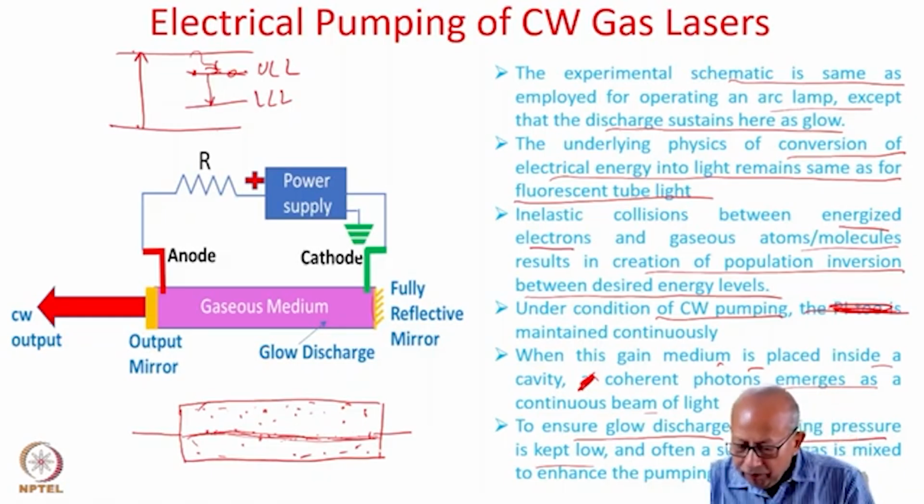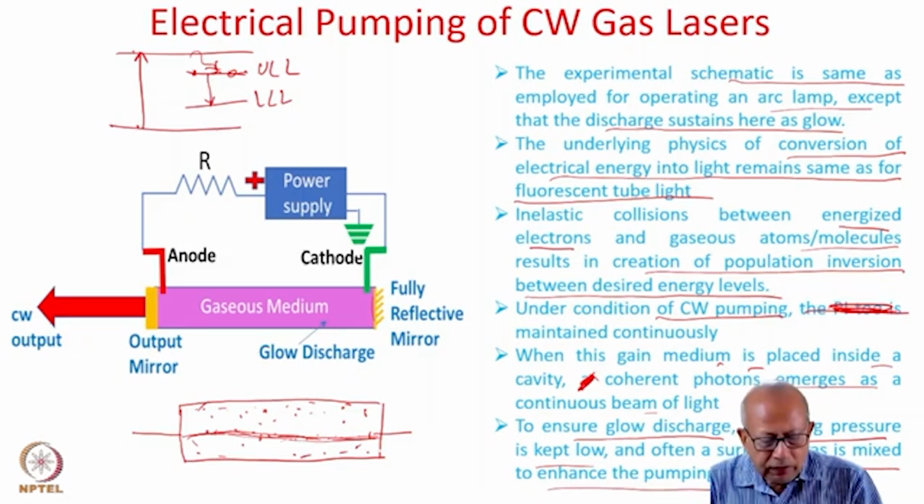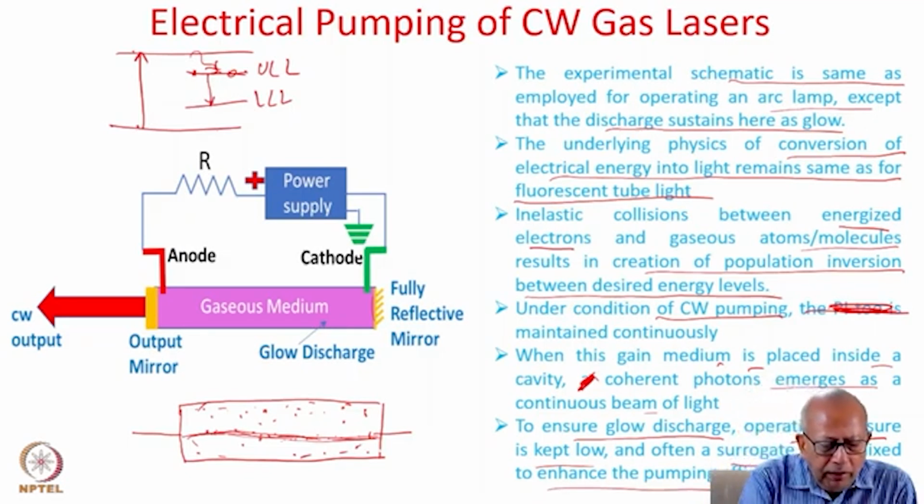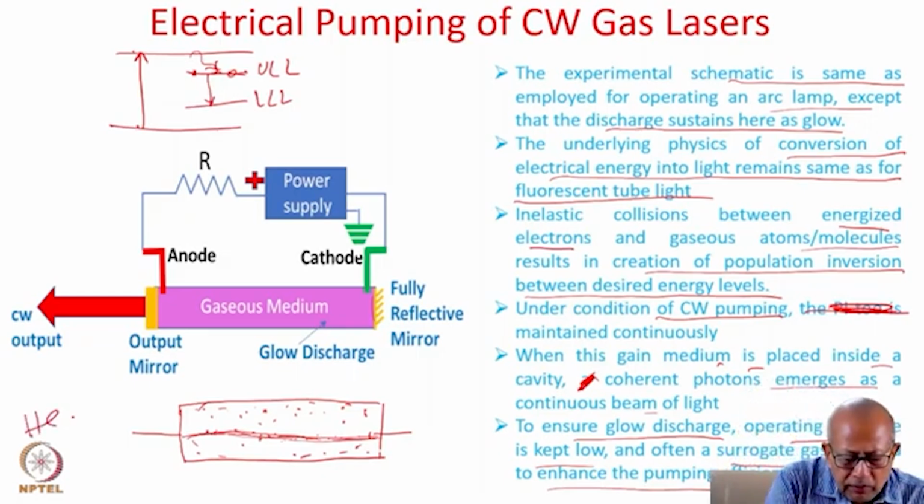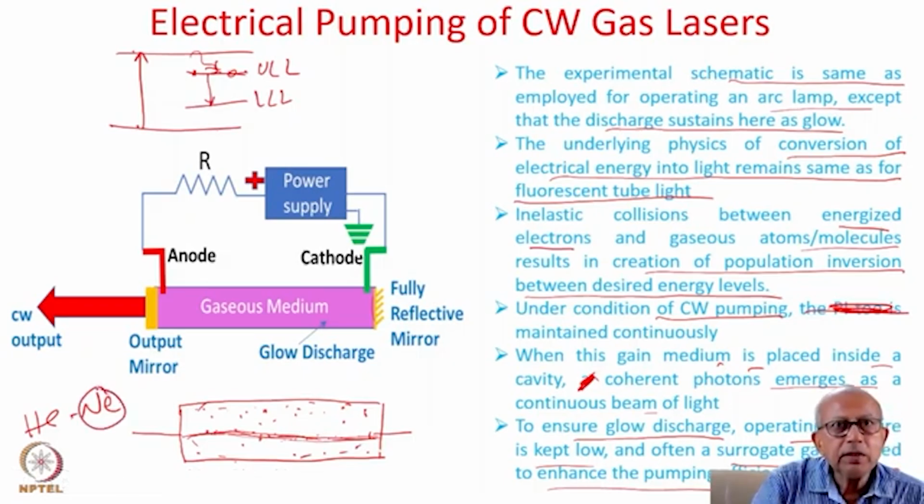And often a surrogate gas is also mixed to enhance the pumping efficiency. For example, for a helium neon laser, the light emitting species is neon, but helium is added with it to increase the pumping efficiency.